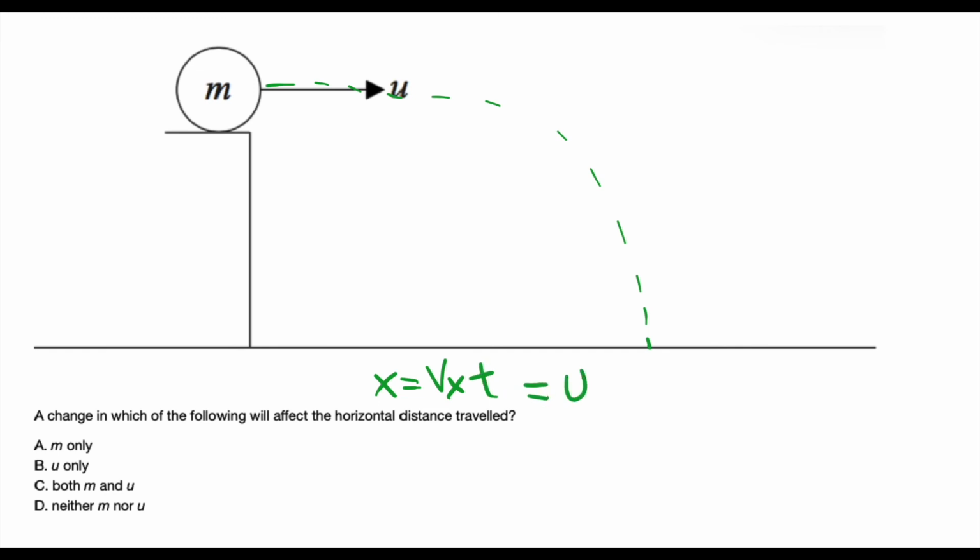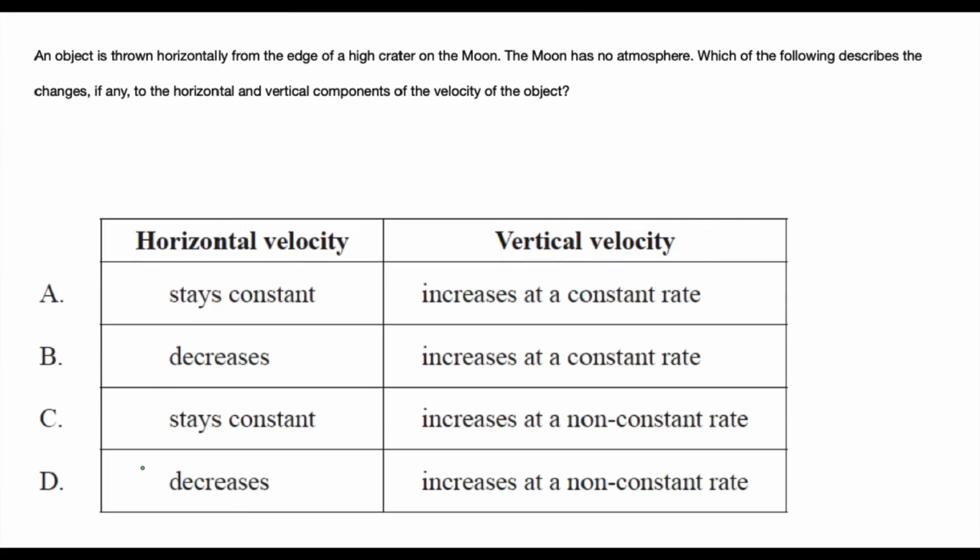And this is equal to u times t. So only these two quantities, initial horizontal velocity and time, will impact the horizontal distance traveled. So saying mass does not impact motion is wrong. U only, this is correct. Both m and u, so mass does not impact it at all. So C and D are both wrong.